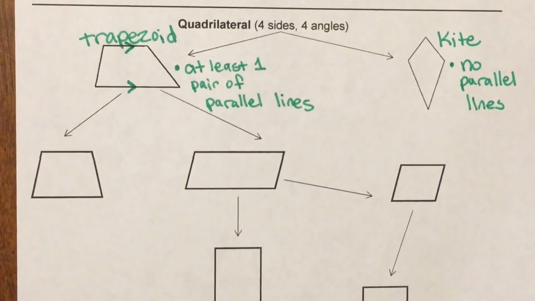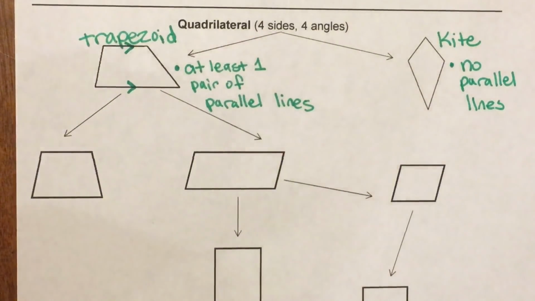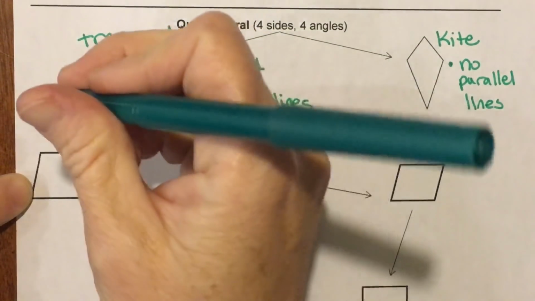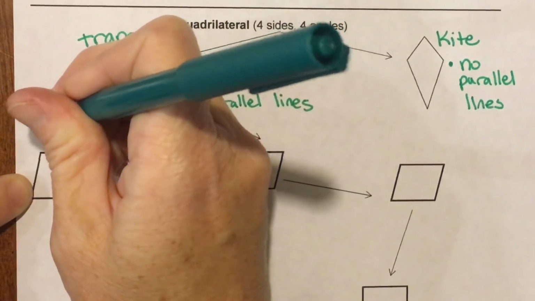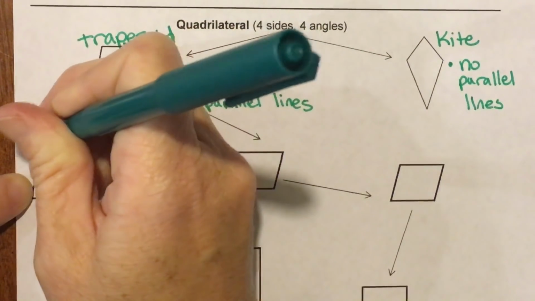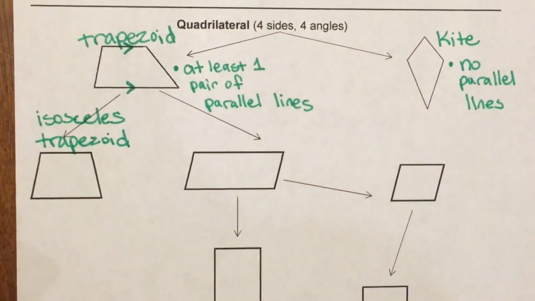Okay, this is now where it gets a little tricky though. So this is a trapezoid. This is also a trapezoid, but this has a special name. This is called an isosceles trapezoid. So it's just a special type of trapezoid.